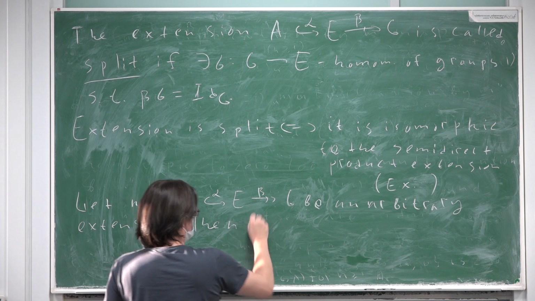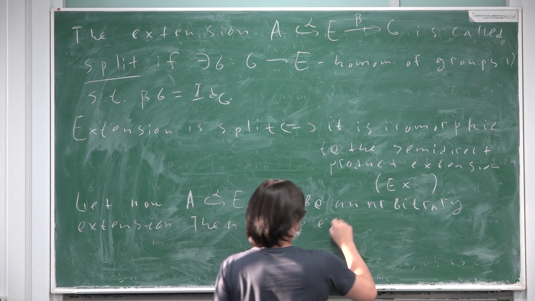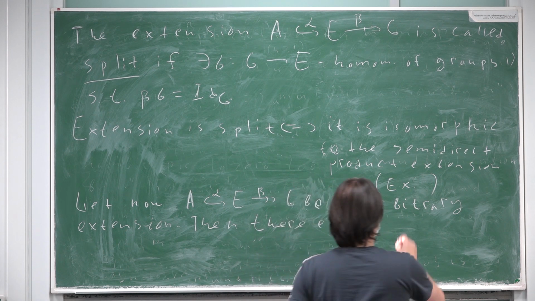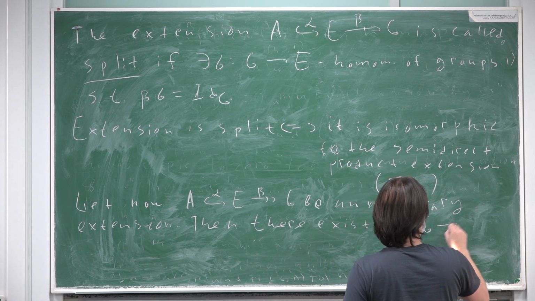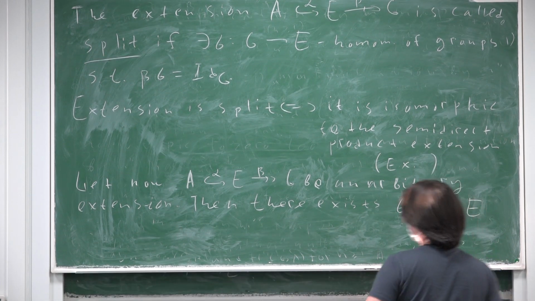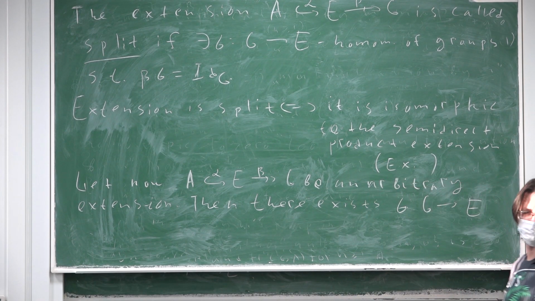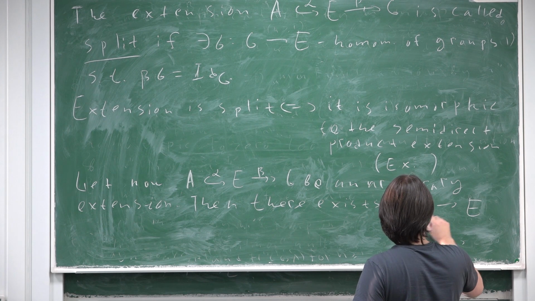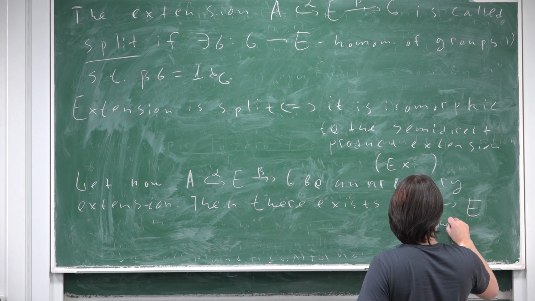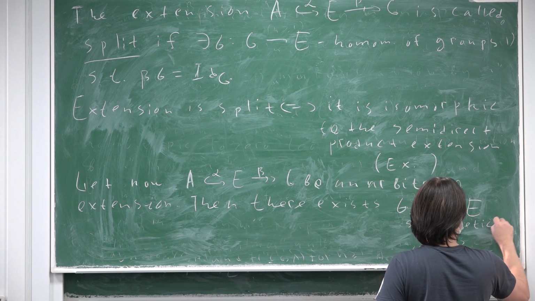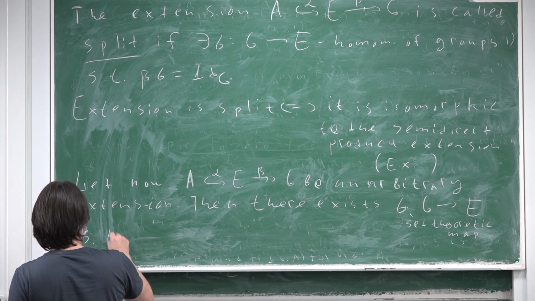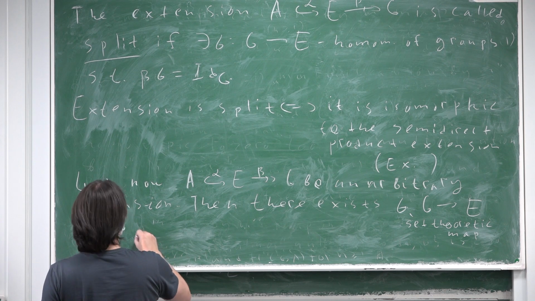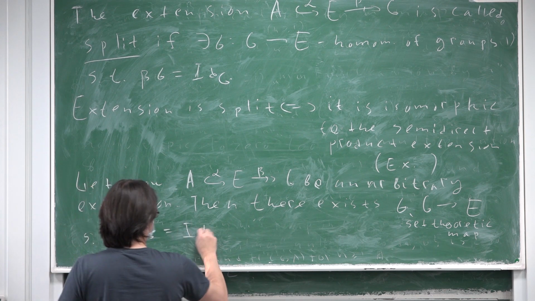Then there exists sigma from G to E. Now it is not anymore a group homomorphism, but it's simply a set theoretic map, such that we still have beta sigma equals identity on G, yes?